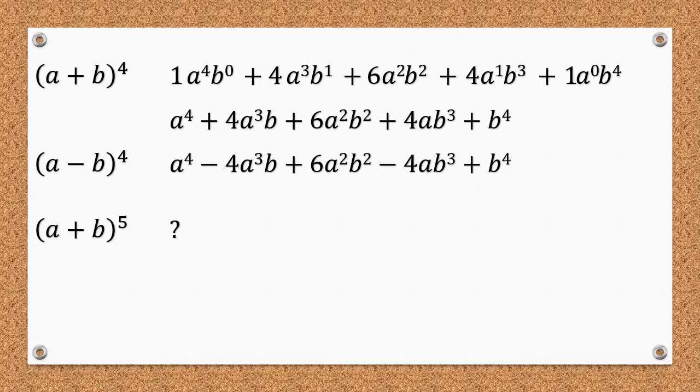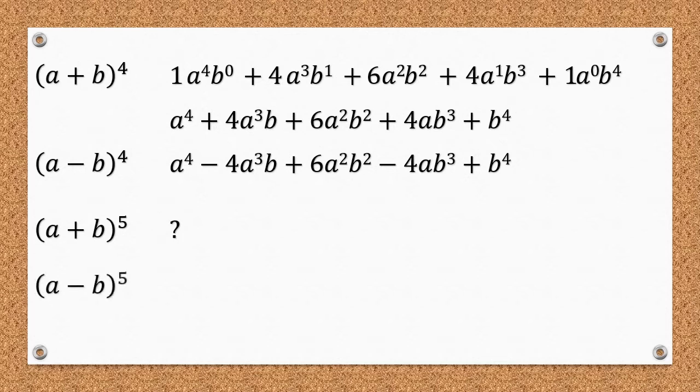Try starting with writing down the coefficients for the fifth power, 1, 5, 10, 10, 5, 1. Then start with the first term, a raised to 5, then a raised to 4, 3, 2, 1, 0. Then start with the second term, b raised to 0, then b raised to 1, 2, 3, 4, 5. Because this is plus, write down plus between all the values, simplify them.